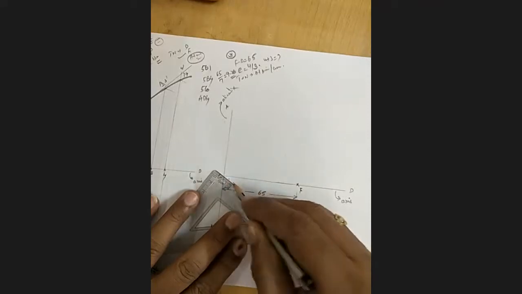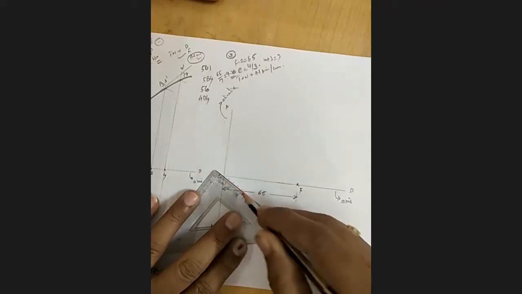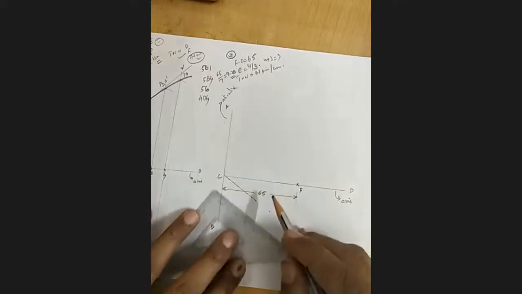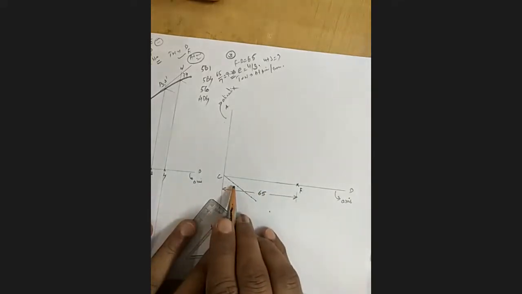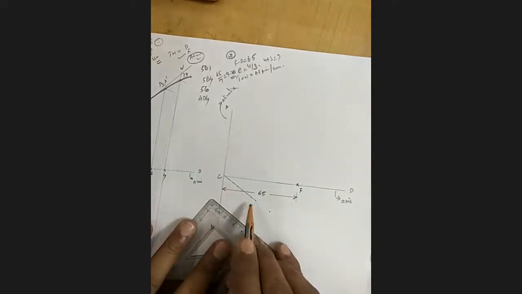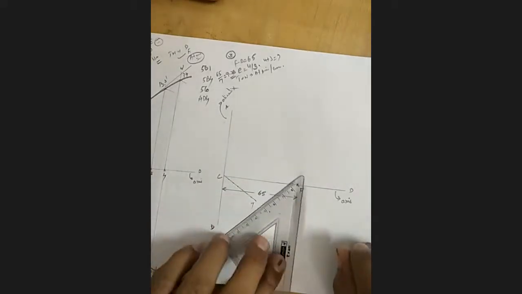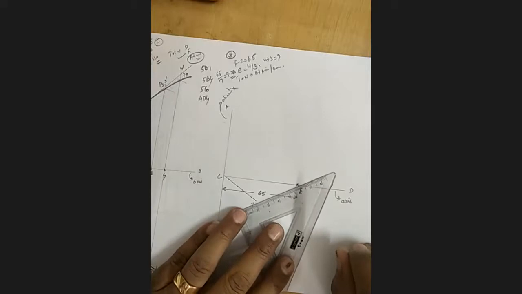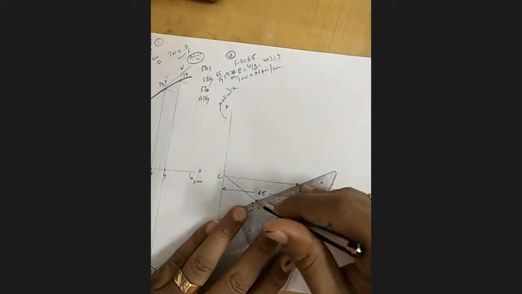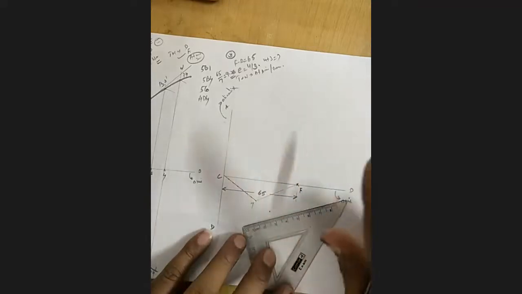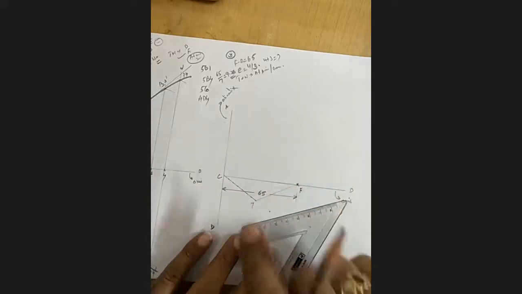5, 10, 15, 20, 25, 30, 35. So I measured each 5 mm: 1, 2, 3, 4, 5, 6, 7. I divided it into 7 equal parts. Then I will join the 7th part with the focus. This is important every time. This triangle we have to see.